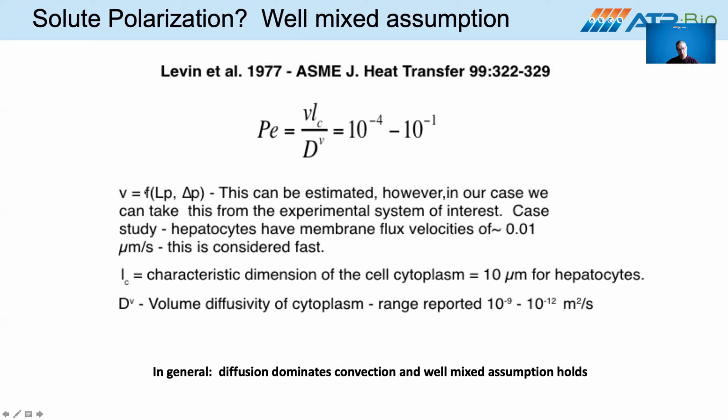And if you take characteristic numbers like the velocity, 0.01 micrometer per second, which would be the velocity you could get from a hepatocyte efflux, and the characteristic size of a cell and volume diffusivity of solutes in the cytoplasm, and you put all that together, you get these very low numbers, which suggests basically that diffusion dominates convection, how much water would be leaving the cell membrane, and therefore you are fine in making this well-mixed assumption.